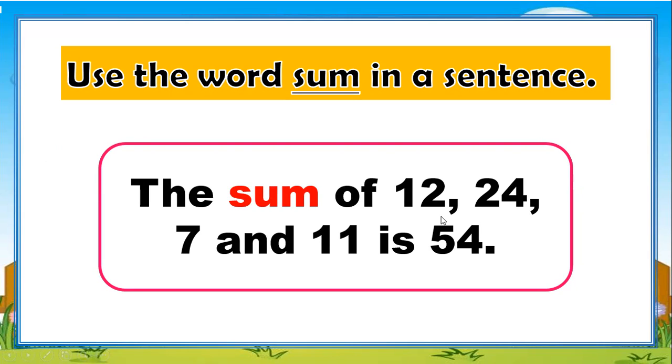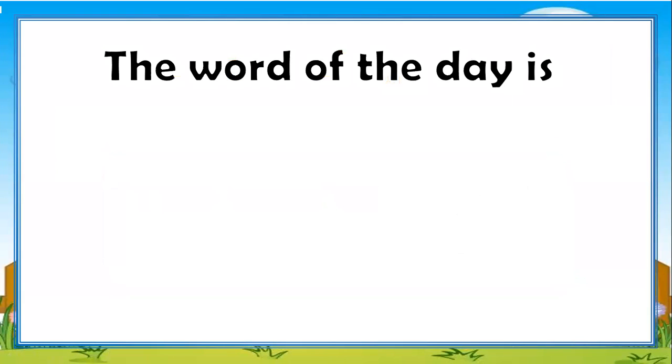The sum of 12, 24, 7, and 11 is 54. Kindly read the sentence one more time. The sum of 12, 24, 7, and 11 is 54. All right. So what is our word of the day again?